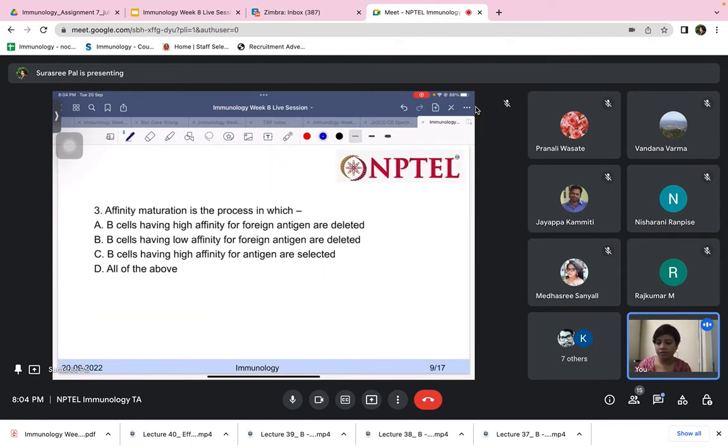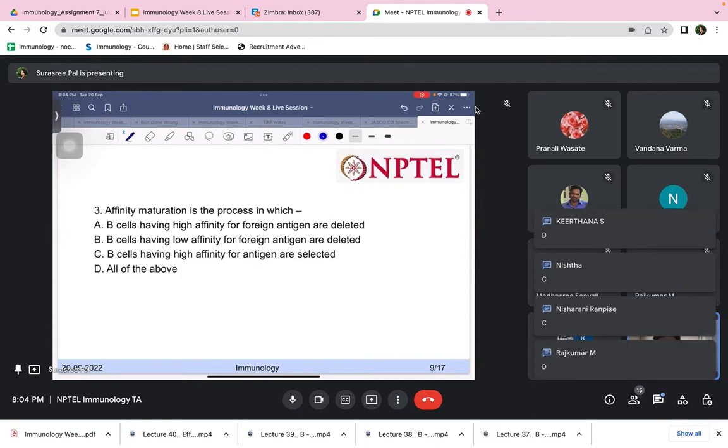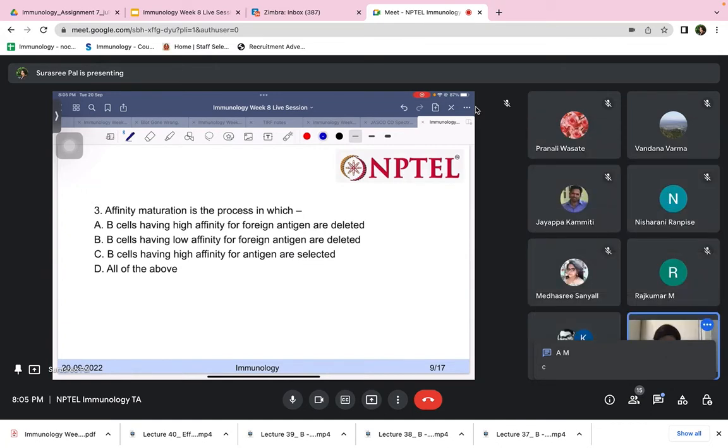Okay, question number 3. What is affinity maturation? So all of you who are saying D, all of the above, scan all the options carefully.